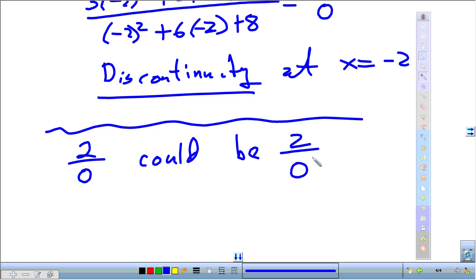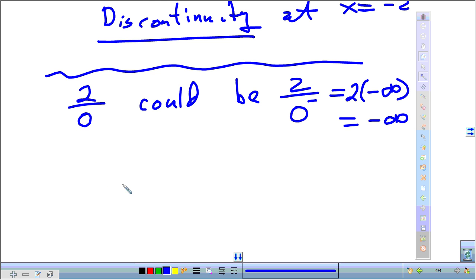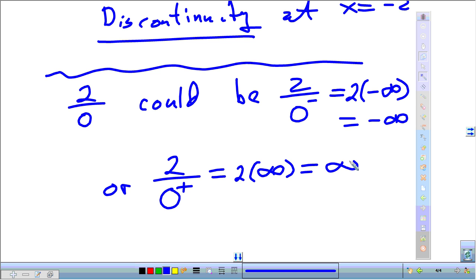Now we looked at the conceptual division by 0. It said if we could determine the things close to 0 to be negative, then the 1 over 0 would be minus infinity, and 2 of those is still minus infinity. If we could determine the values of things near 0 to be just positive, then the reciprocal of 0 would have been a plus infinity, or 2 of those being infinity.